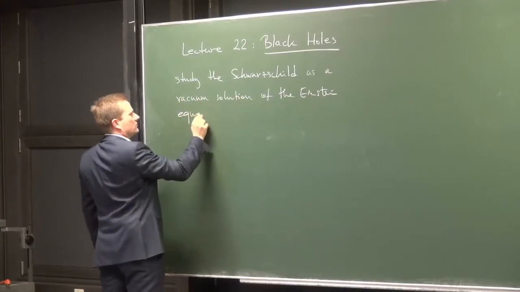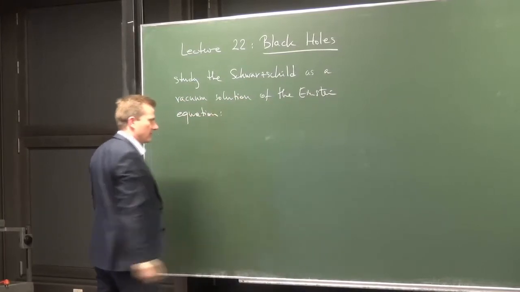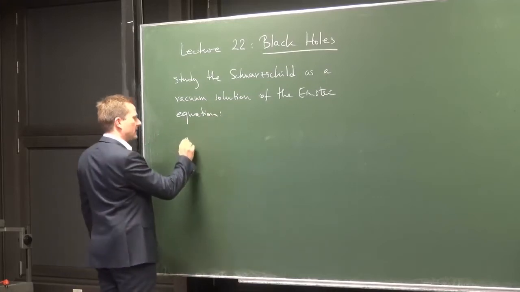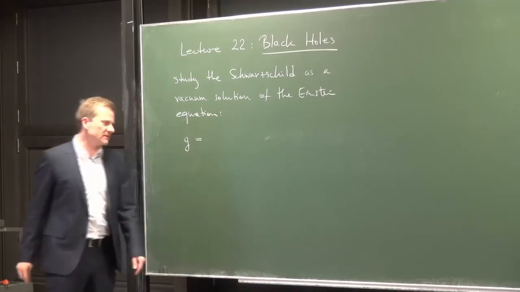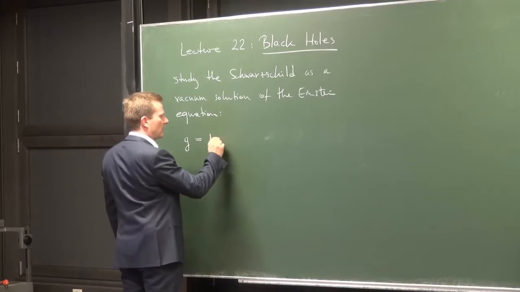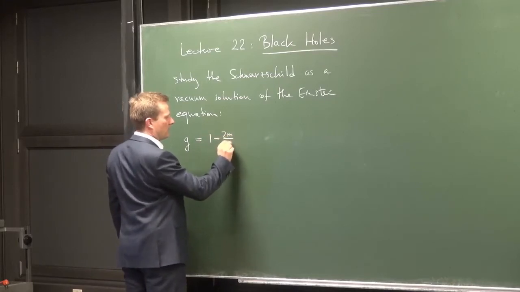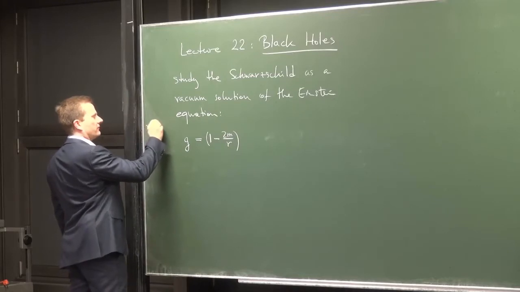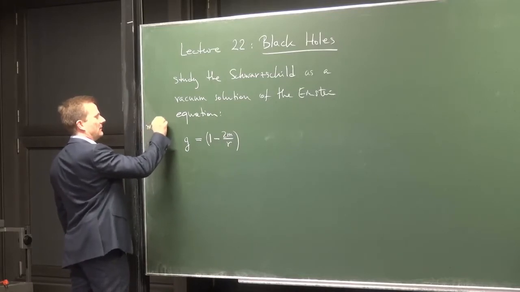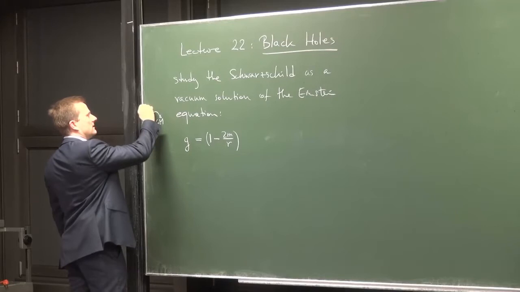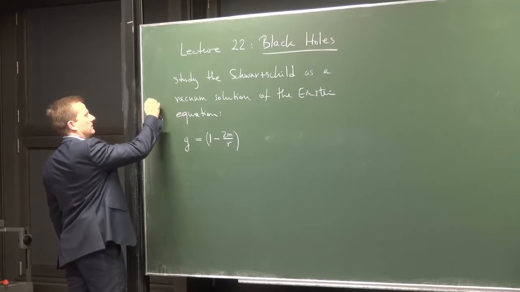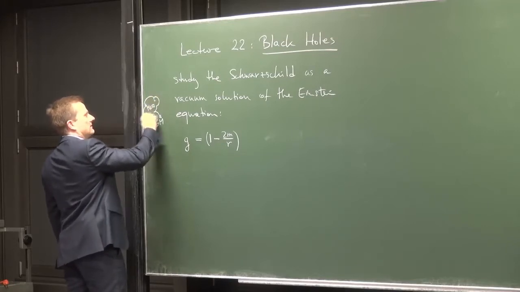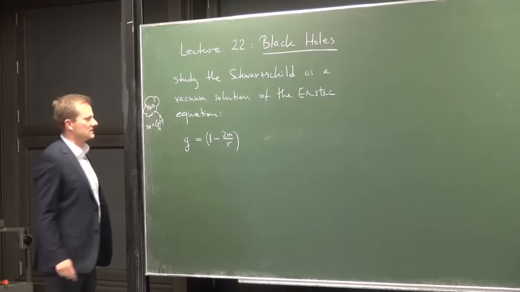And what you checked there is that if you plug in the following metric, g, being a 0-2 tensor, where little m is short for capital G, capital M, called the mass of the Schwarzschild spacetime, and G is Newton's gravitational constant.